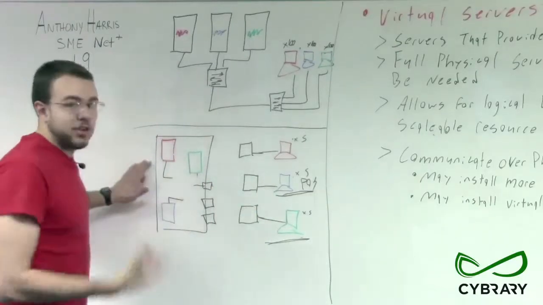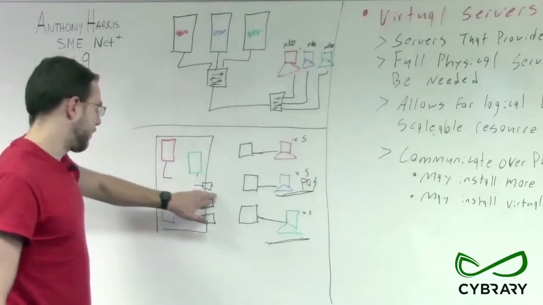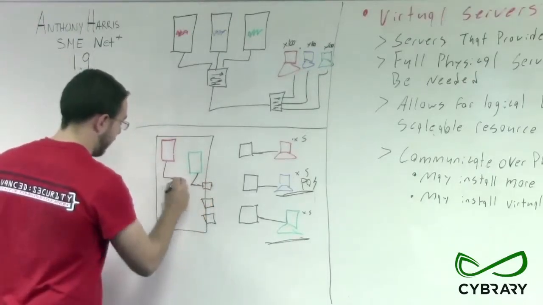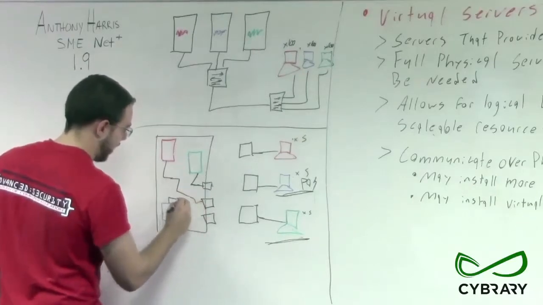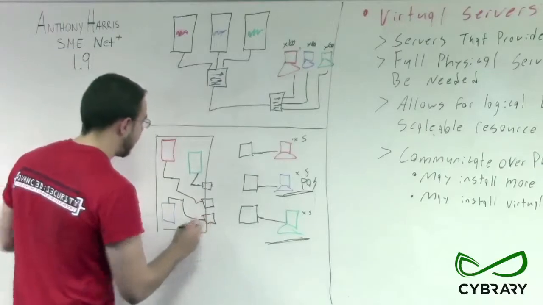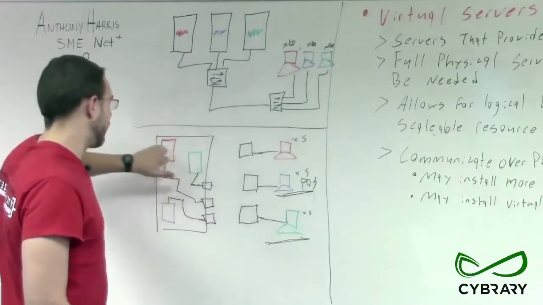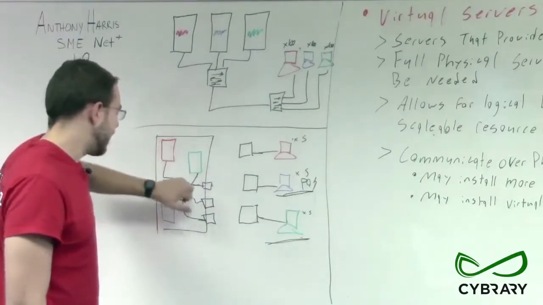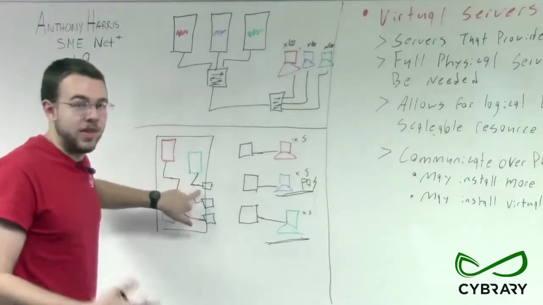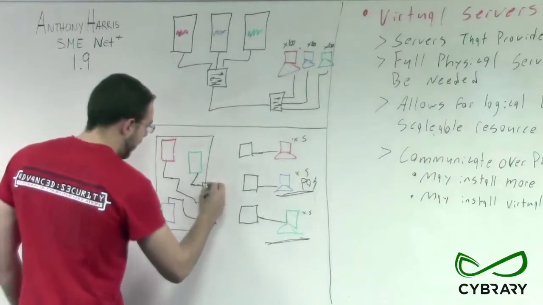And then logically, we assign our first network interface card to our green VLAN. Our second network interface card we assign to our red VLAN, and our third network interface card we assign to our blue VLAN. Now each of our logical virtual servers each have a physical network interface card assigned to them that they use.